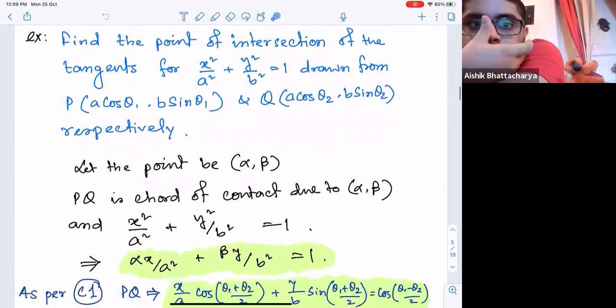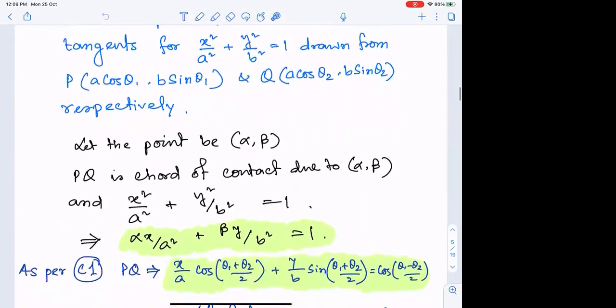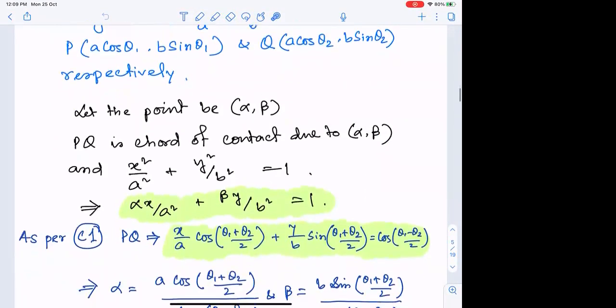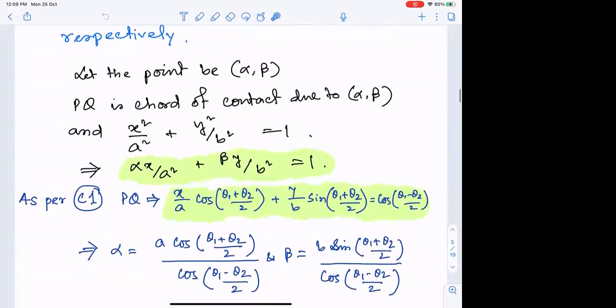Whereas from the first equation, C1, we can rewrite PQ by making the right hand side 1 and the denominators a square, b square, in this form.